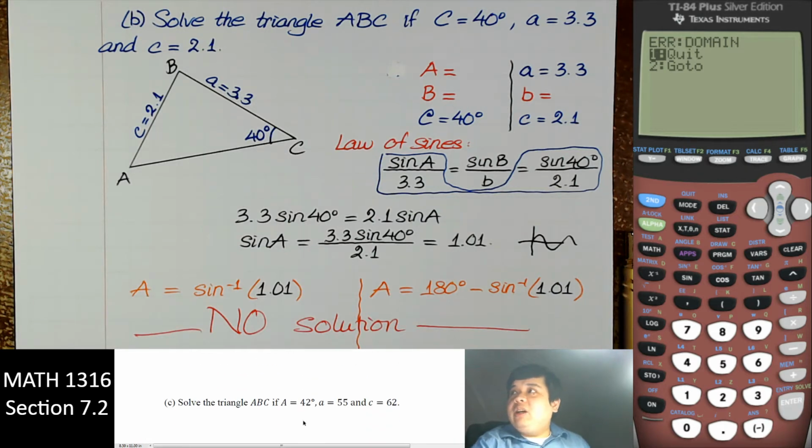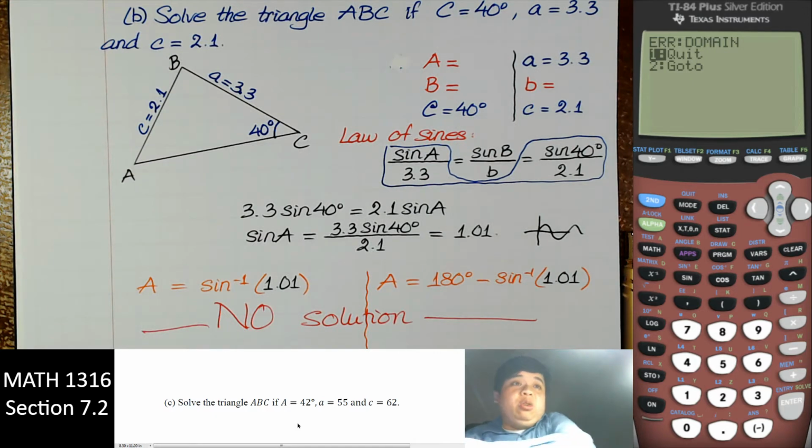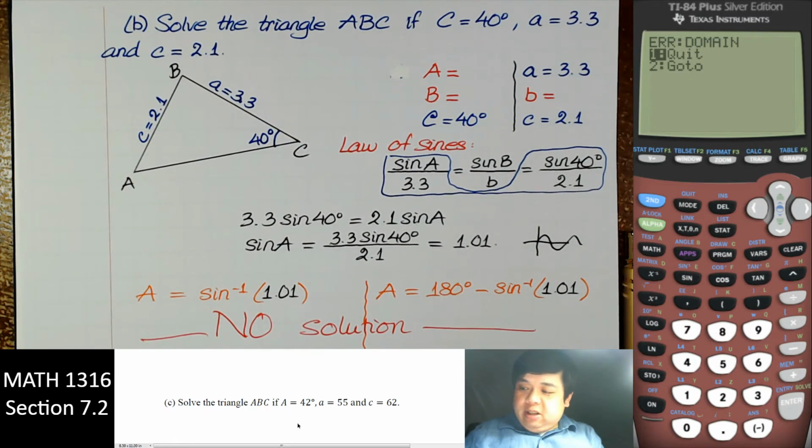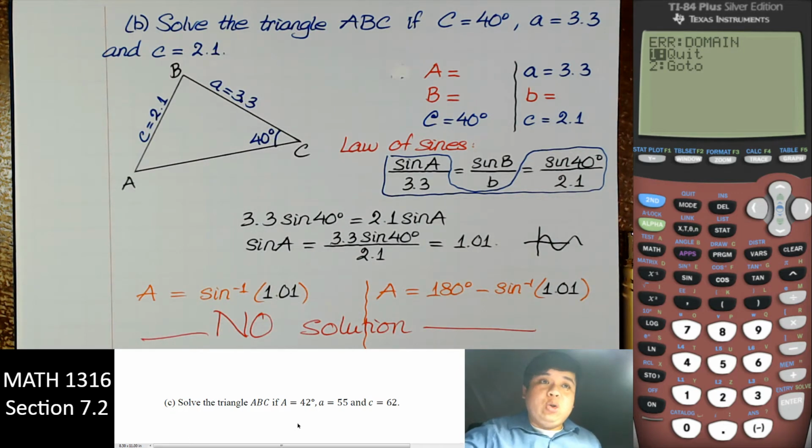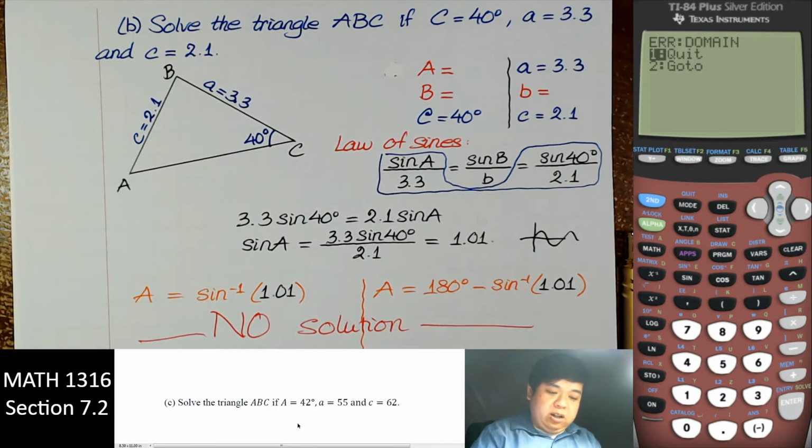Nothing is known by looking at the original problem. We just react to what we have, case by case. In this case, there's no solution. If anything is bigger than 1 or lower than -1, there will be no solution, because sine has to be between -1 and 1.